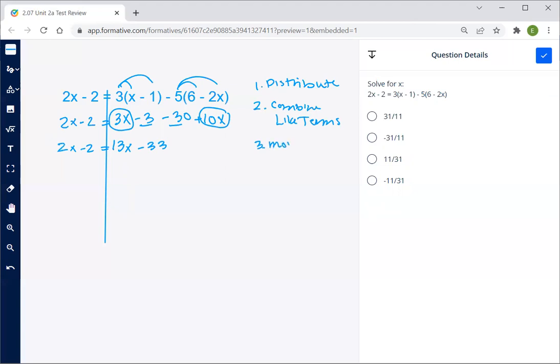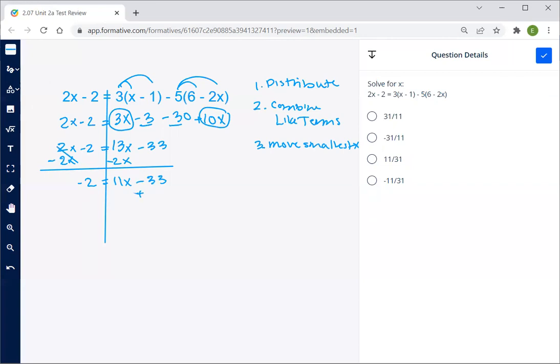So move the smallest x. Okay, so 2x is smaller than 13x. So you need to subtract 2x from both sides. Negative 2 equals 11x minus 33.